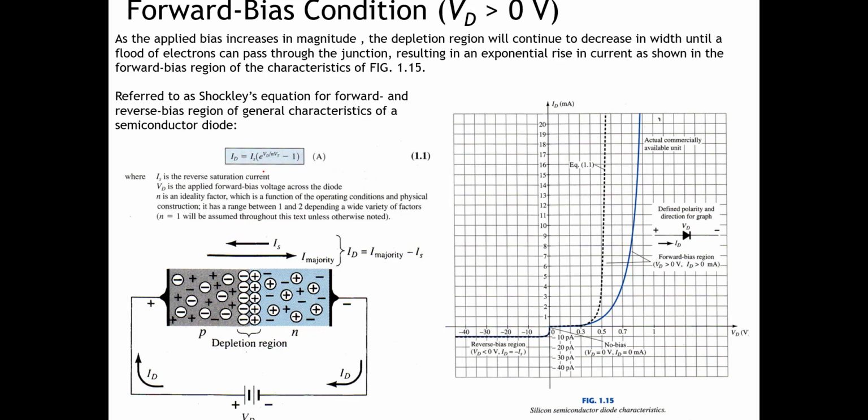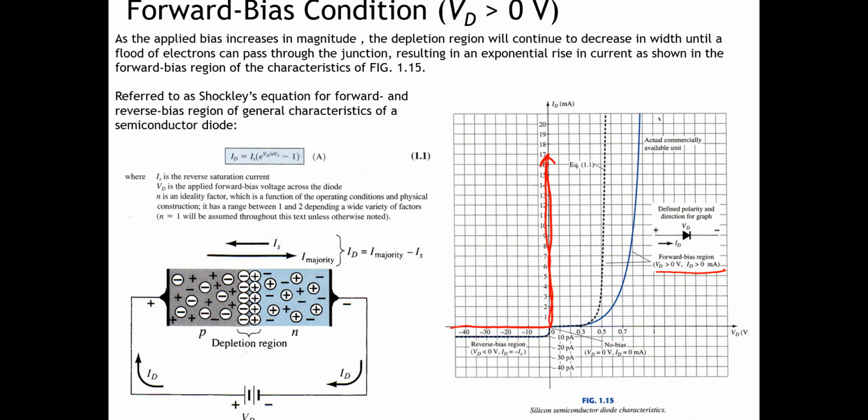So we can see here that if VD is larger than 0, ID is larger than 0. In an ideal diode, VD larger than 0 gives the red line, like this one. So this is the ideal characteristic of the diode.